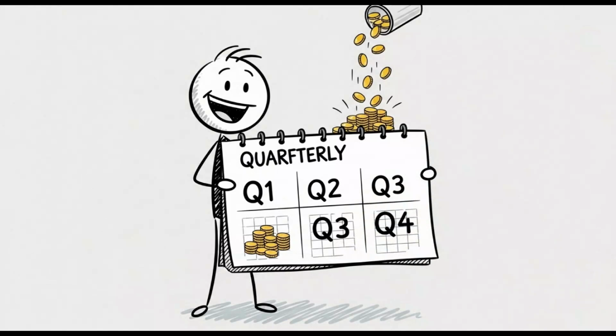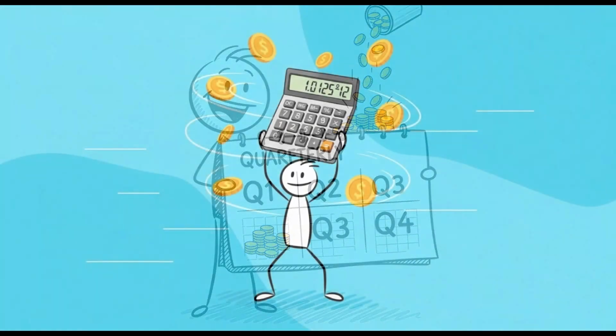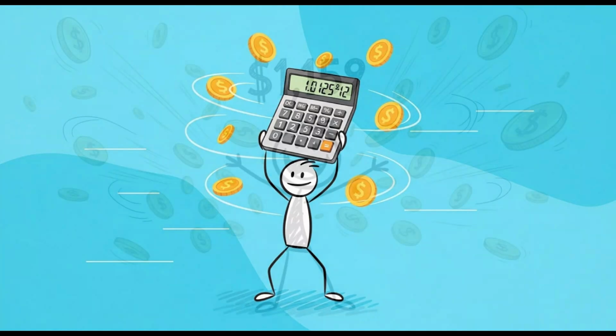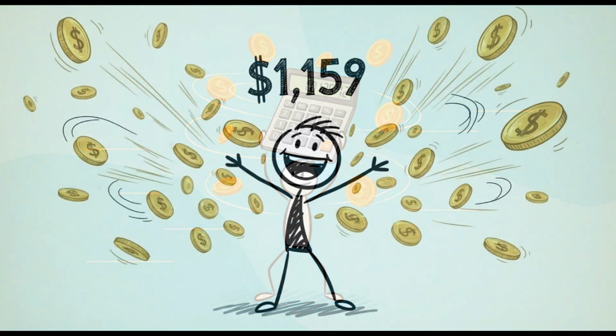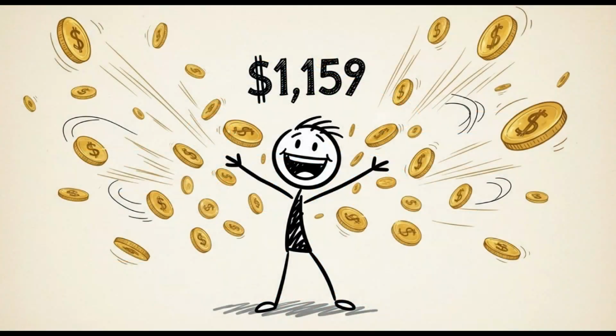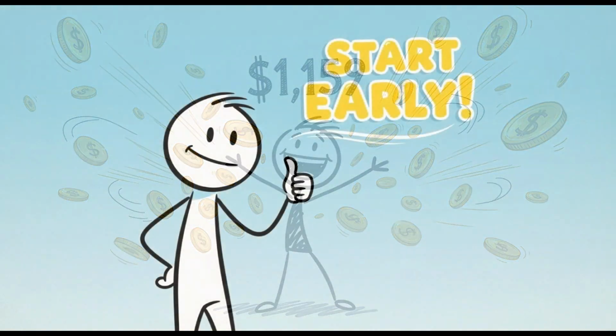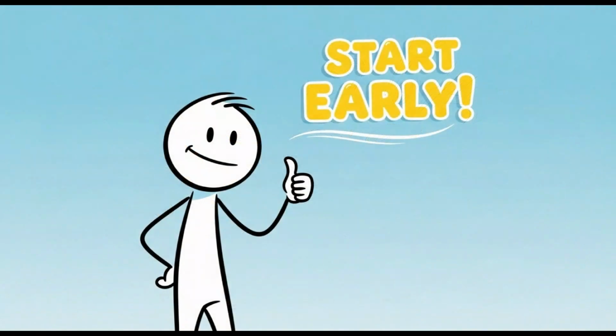Add 1, making 1.0125. Raise it to the power of 12. That equals 1.159274. Multiply by 1,000, and the final amount is about $1,159. You can see more frequent compounding gives slightly more money. Over time, the difference becomes bigger.